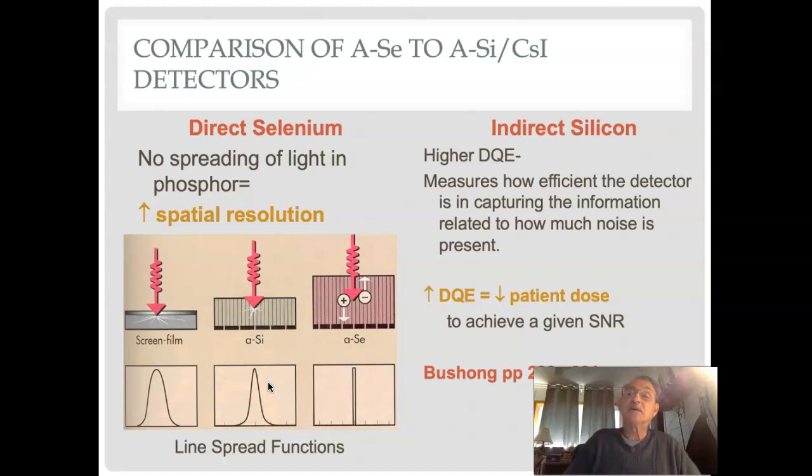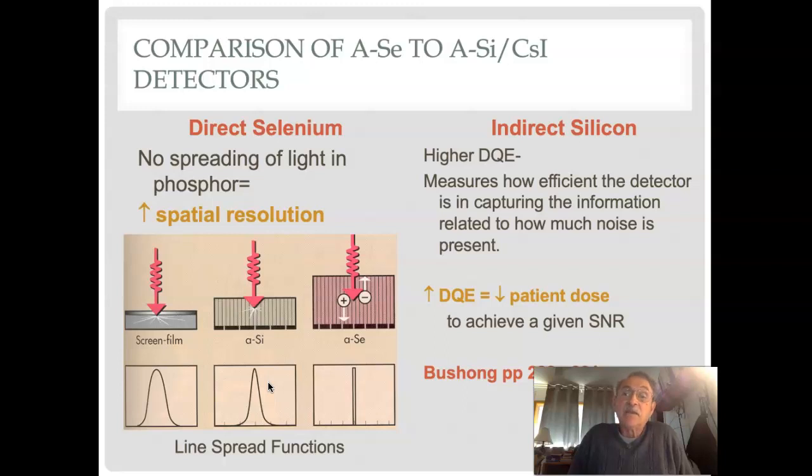So detective quantum efficiency is looking at the signal-to-noise ratio. And we want to have high signal-to-noise ratio. But we also want to do so with the least amount of exposure possible. And so if we can get an adequate exposure at a reduced dose, well, that is the goal.